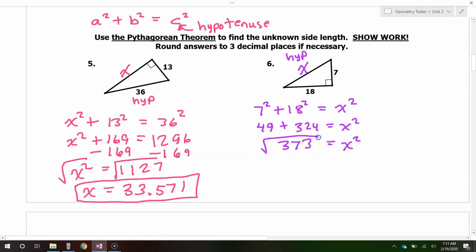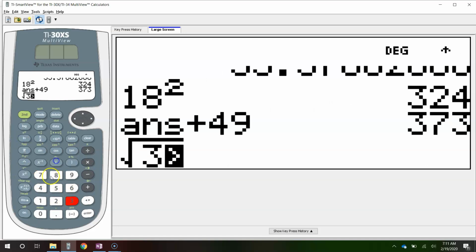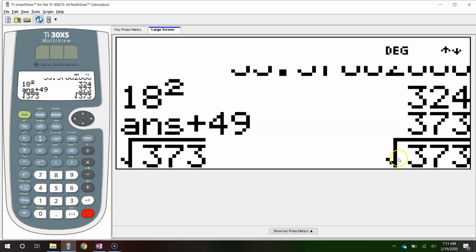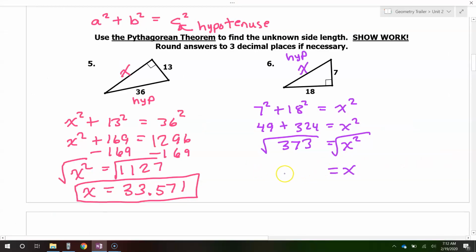And then we take the square root to find x. Square root of 373. If this happens and you get a radical still, just hit this button and you'll get the decimal. So 19.313.